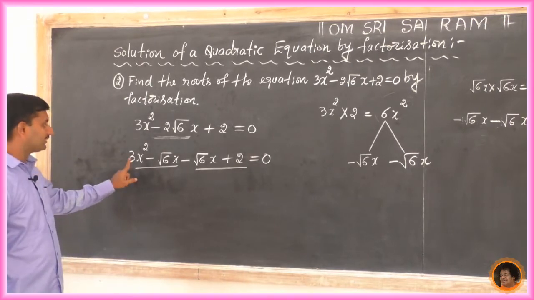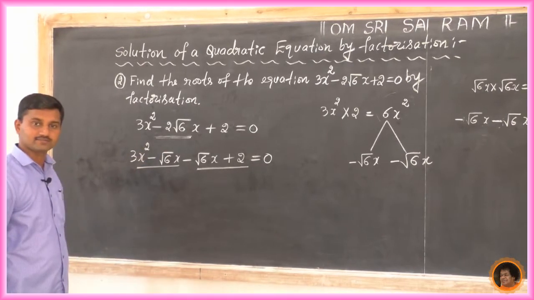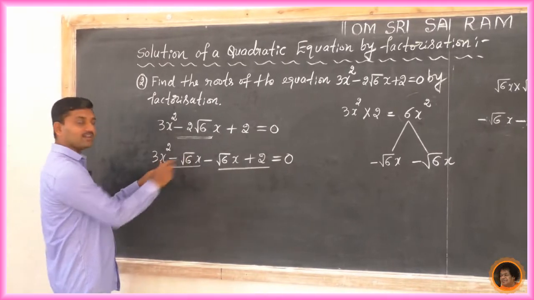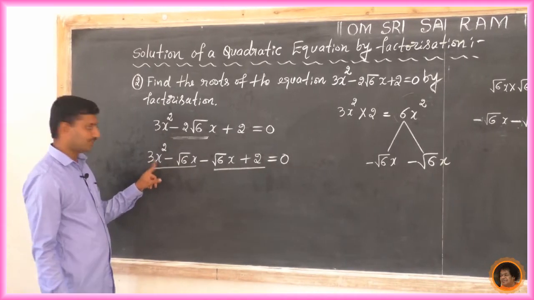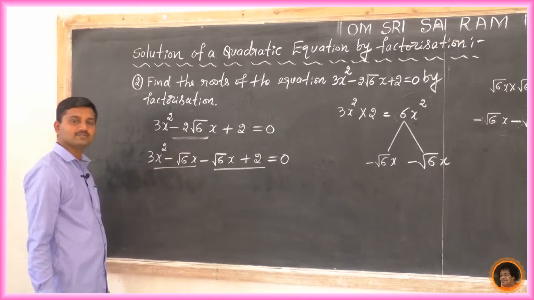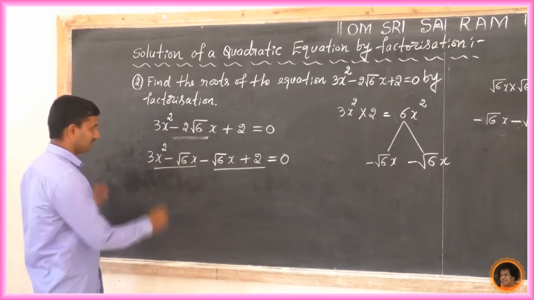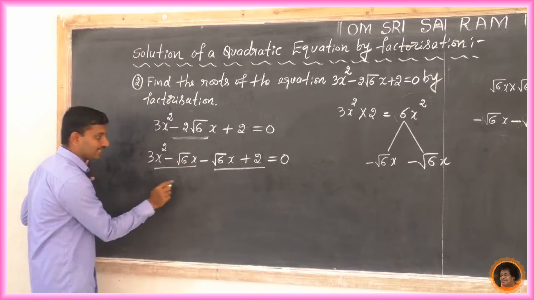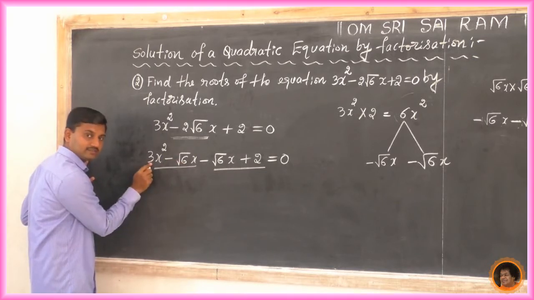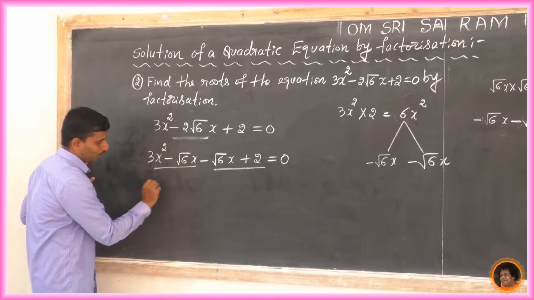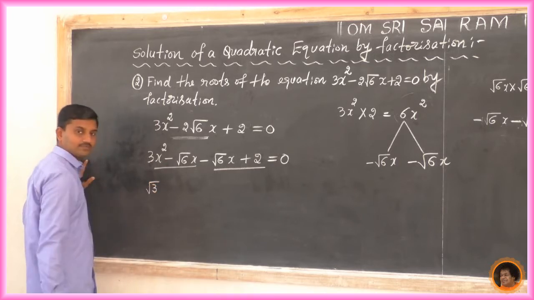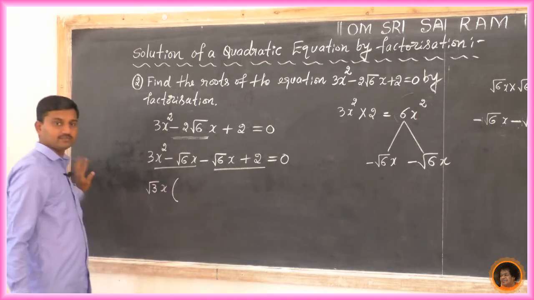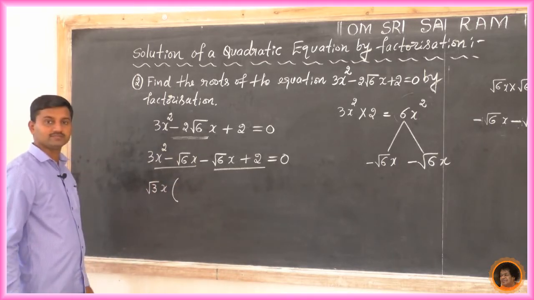Is there any common factor for 3x square and root 6x? x is the common factor, that is no doubt. And 3 and root 6, what is the common factor? Root 3 is the common factor. So root 3x is the common factor.